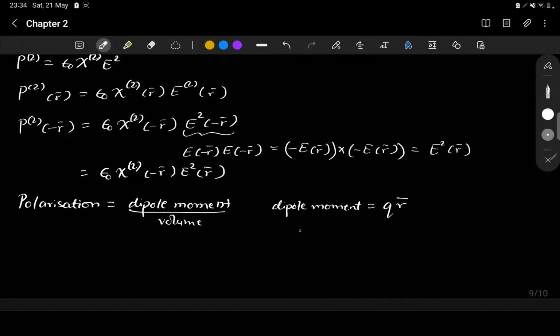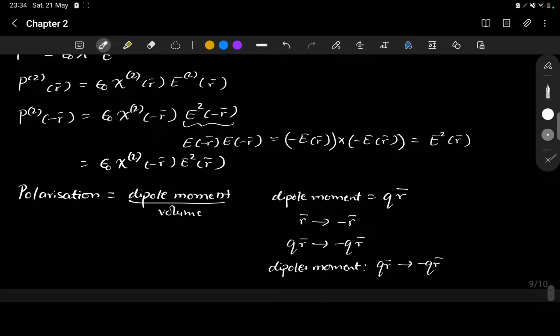Now in this, if we let R go to minus R, then charge times R will go to minus of charge times R. This means dipole moment goes from QR to minus QR.